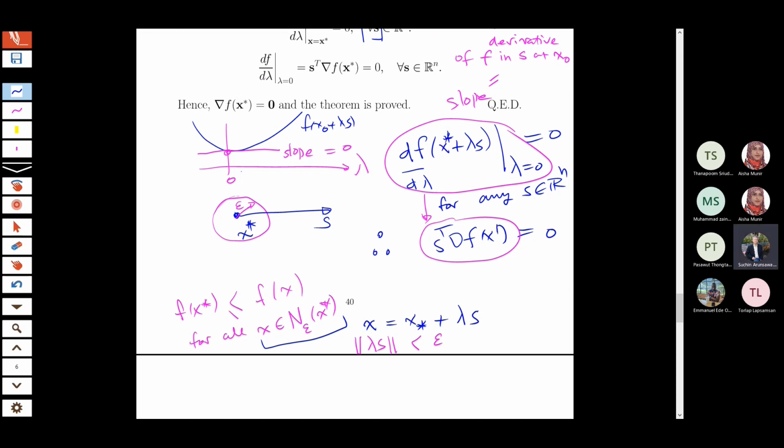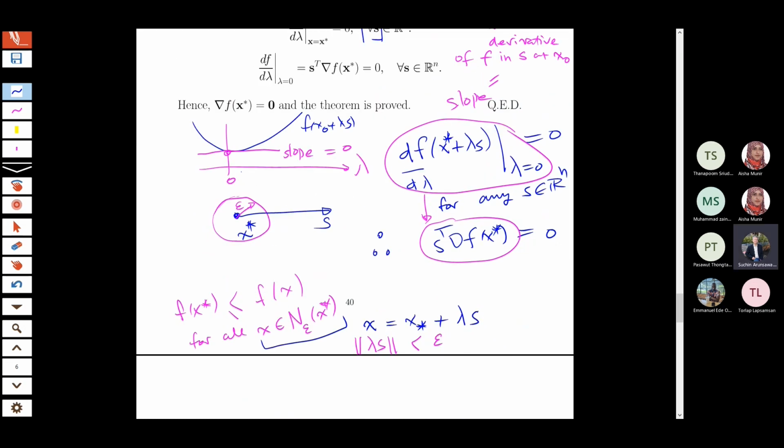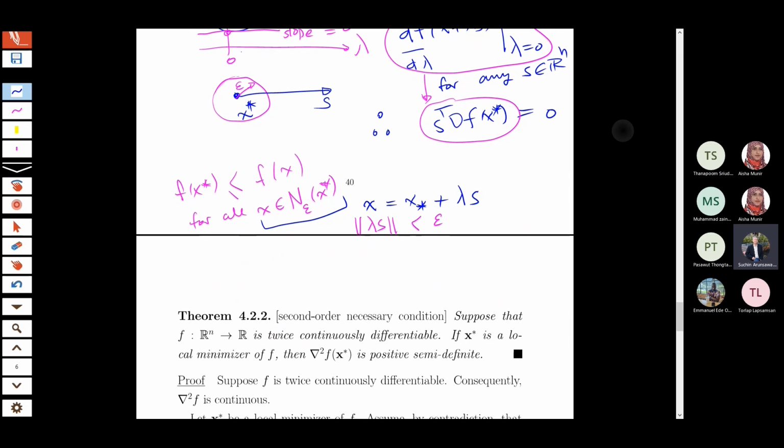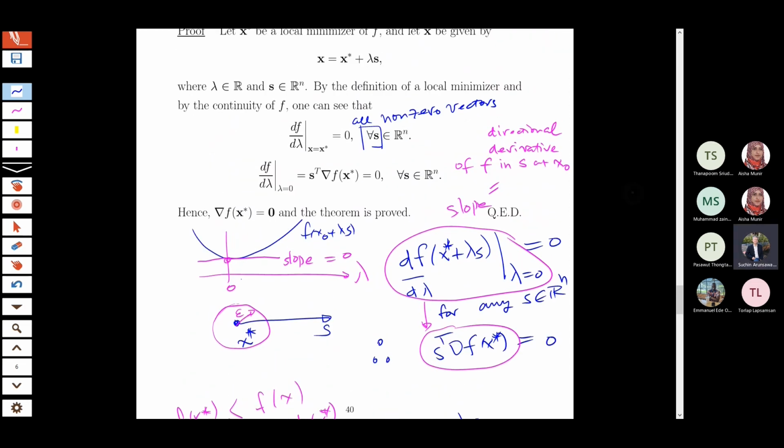So we say that s transpose grad f(x star) is 0 for any non-zero vector s is equivalent to the condition that the gradient vector at the point x star, grad f(x star), must be 0 itself, and that's the end of the proof.